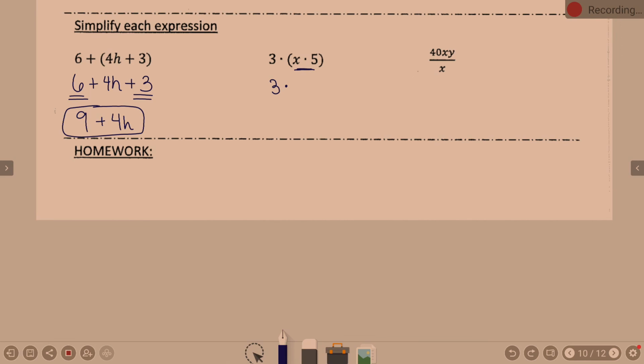However, the preference is going to be 5x. And what is 3 times 5x? 15x. So the difference between those two: to add and subtract, they have to be like terms. To multiply, you can multiply anything you want.